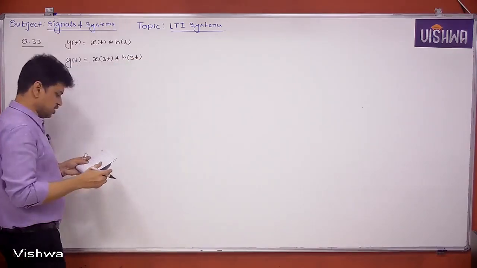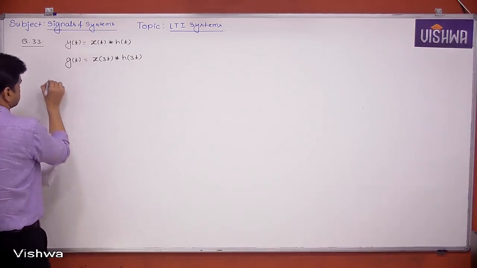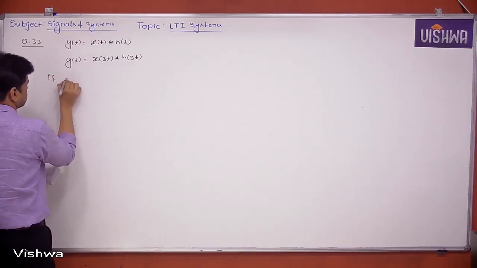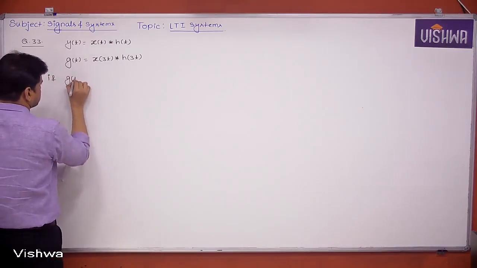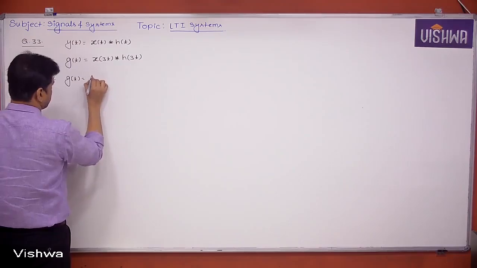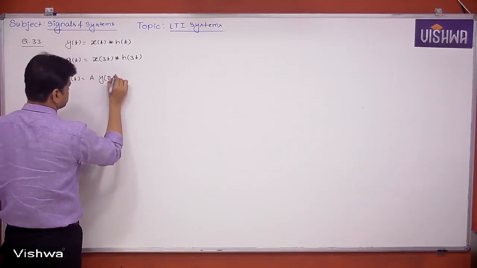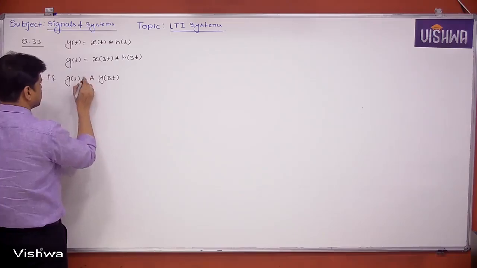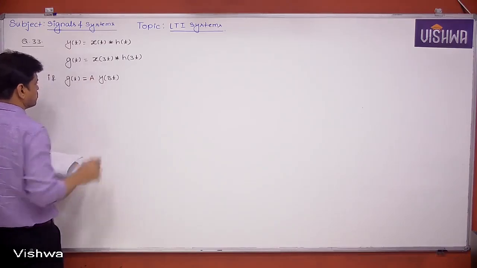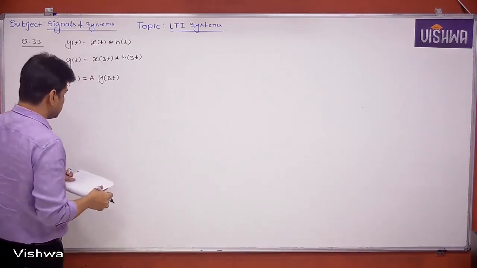If g of t is equal to a y of bt, then a and b are?